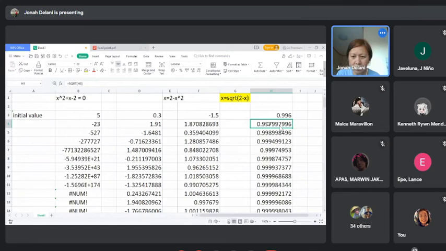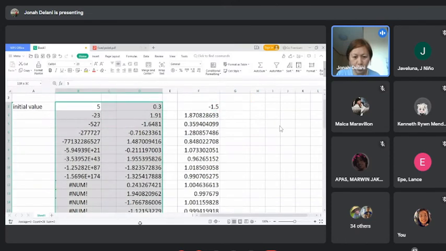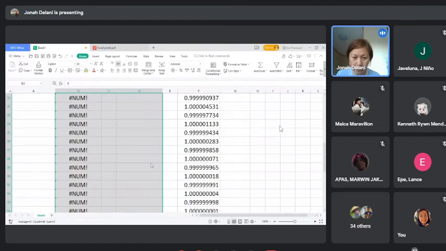Not this one. I will re-solve using the formula. And you can also put different initial values. Any question? So the fixed point form can be implemented as I have shown.